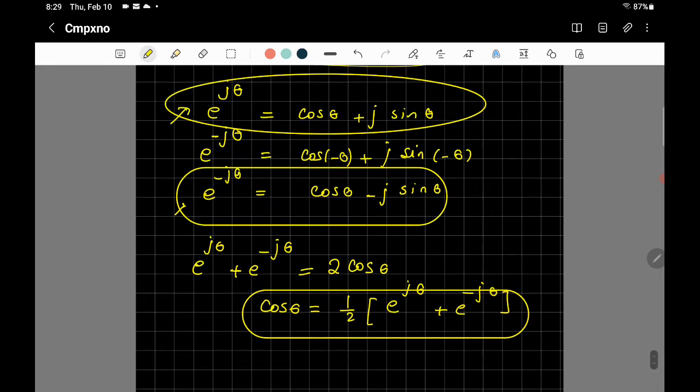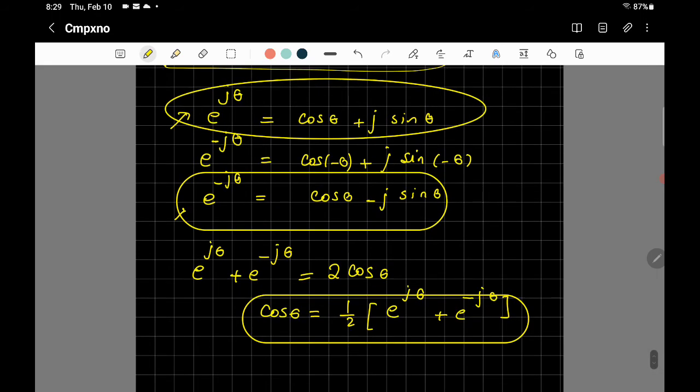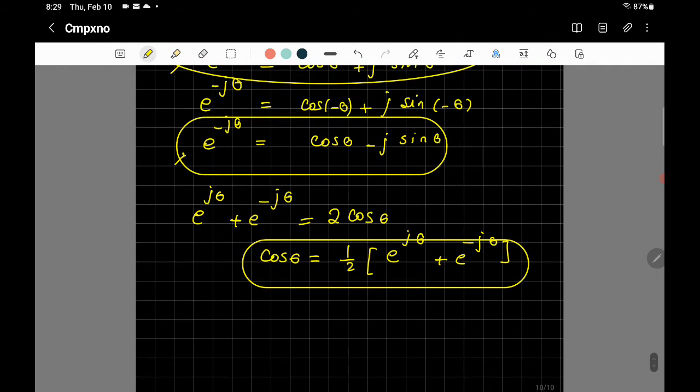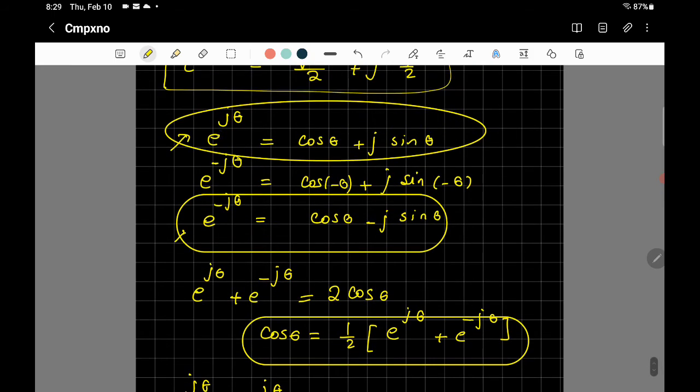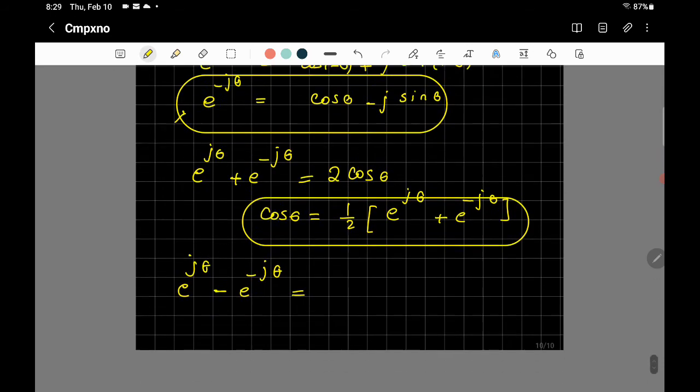All right, what about if we subtract both? e to the j theta minus e to the minus j theta. Let's just do it here. That would be this one minus this one. Cosine theta minus cosine theta will give 0. j sine theta minus minus j sine theta gives 2j sine theta.